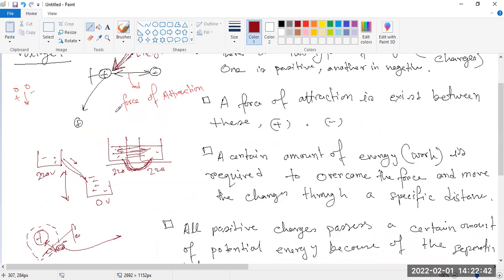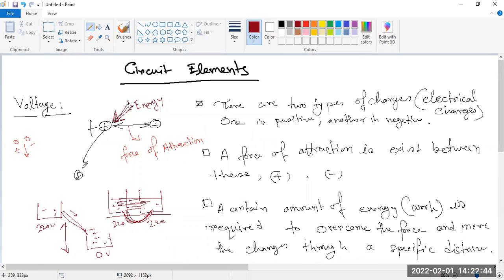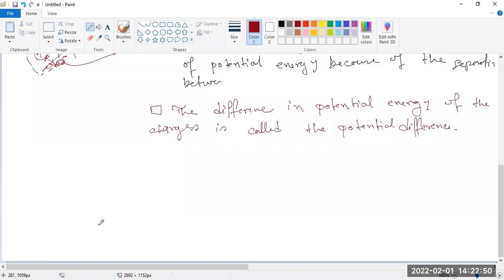So this potential difference is called voltage, as a unit. Look, there is a difference between volt and voltage.